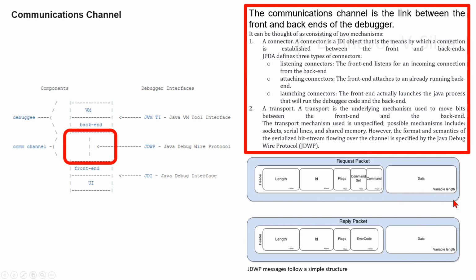For example, a command packet that requests a field value will contain references to the object and field IDs for the desired value in its data field. The reply packet's data field will contain the value of the field.